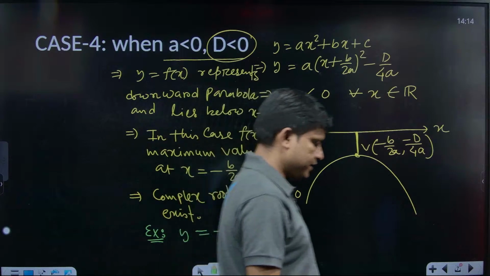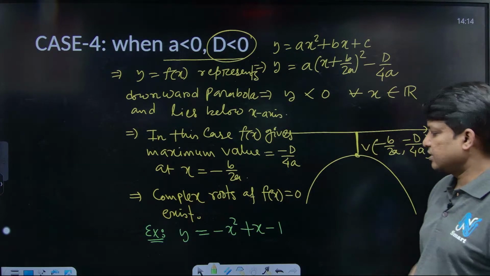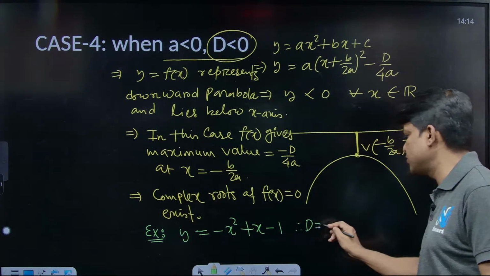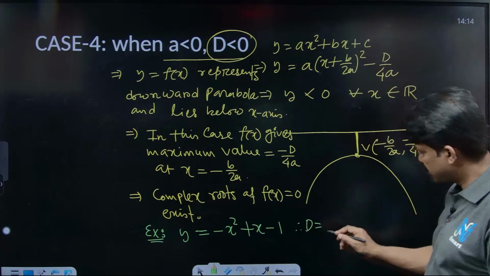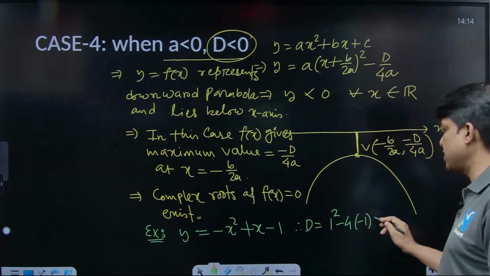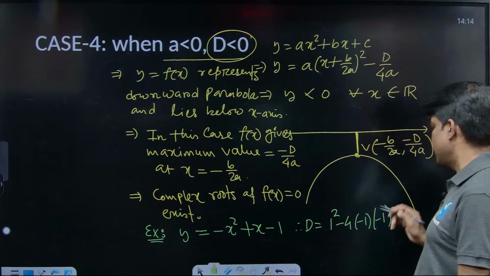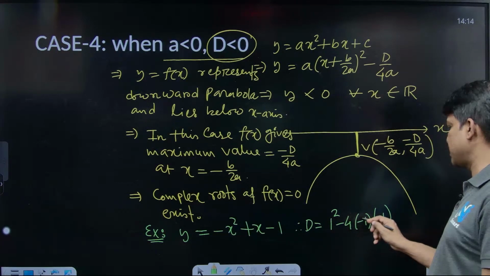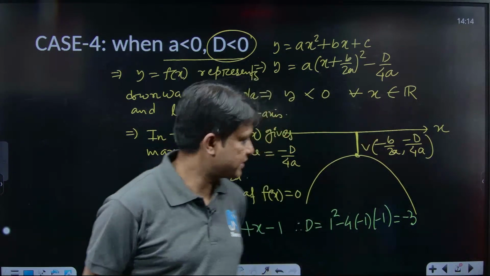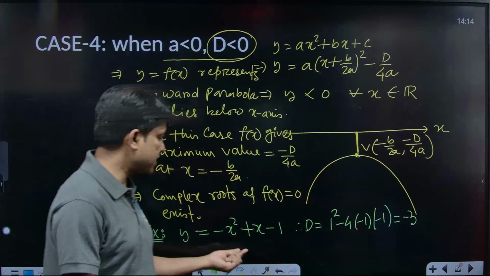The discriminant is b square minus 4ac, so b square is 1 square minus 4, a is minus 1, and c is also minus 1. So it is 1 minus 4, which is minus 3. The discriminant is negative and the x square coefficient is negative.